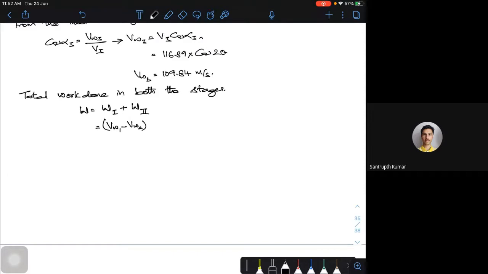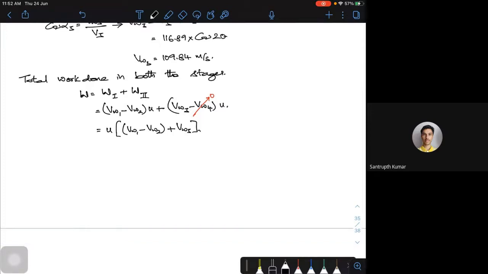Plus VW3 minus VW4 into U. Now, as the flow is axial at the exit, VW4 is directly 0. So I can write U as common: U into VW1 minus VW2 plus VW3. This will be the formula to find the work done.